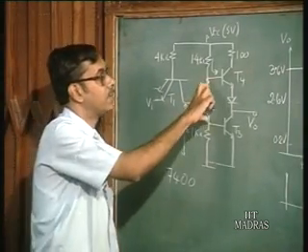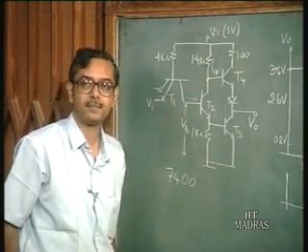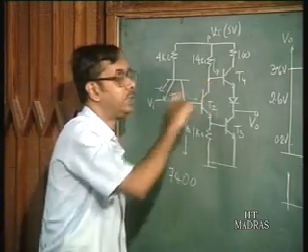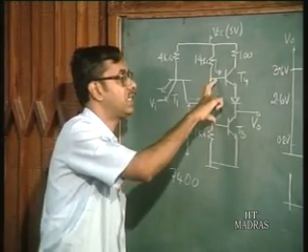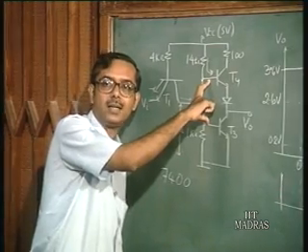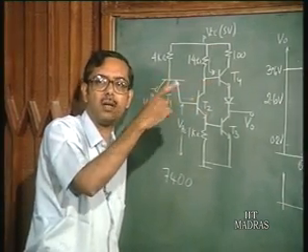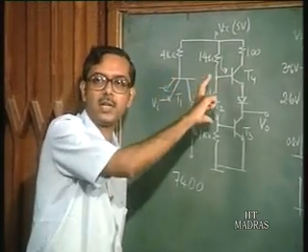Now let us assume that when T2 is just at the edge of saturation, VCE of this transistor is almost around, say, 0.3 volts, very close to 0.2 volts.